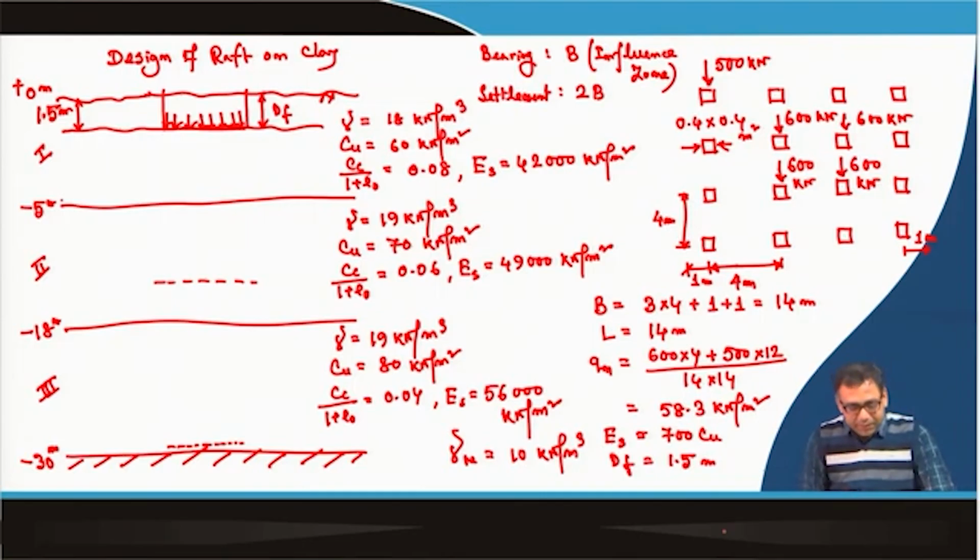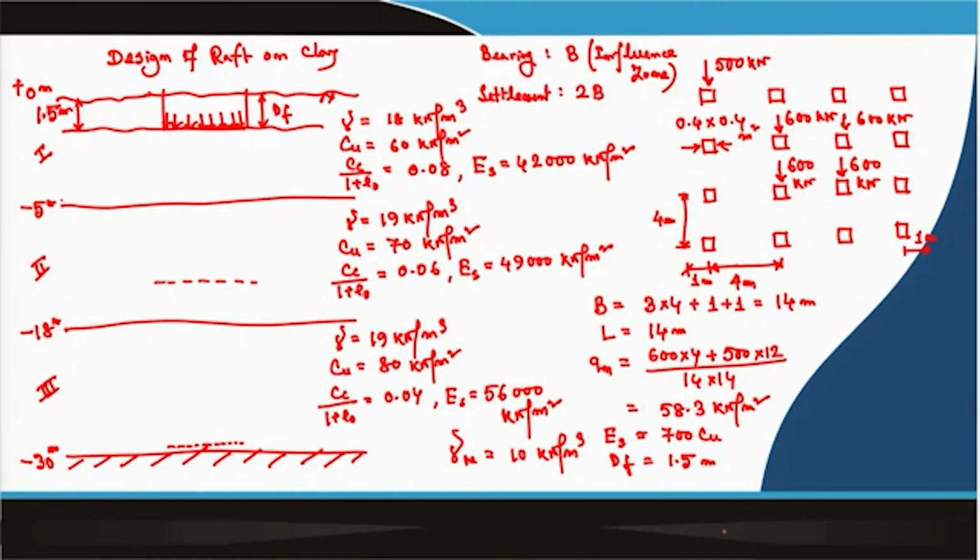If the difference of the Cu is very high, then we can go for the lowest Cu value for our design to be on the safe side. But here the difference is not that significant. You can see it is 60 kilonewton per meter square, then 70, then 80 kilonewton per meter square. So, that means here we will take the weighted average value.